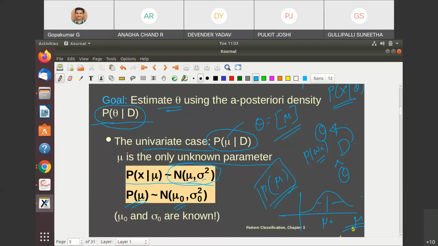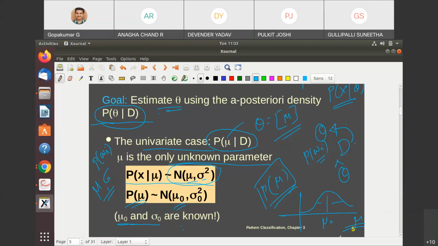We are assuming that mu zero and sigma zero are known, because this is something like a recursive way of solving it. We started with the first one, assuming that we know mu and sigma when we define the probability of wi and the probability of x given wi.